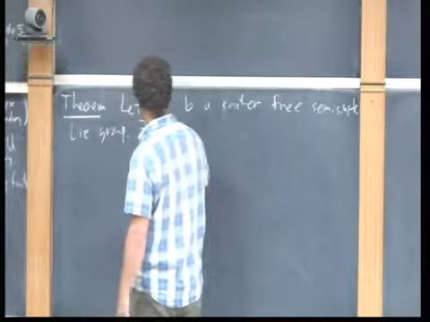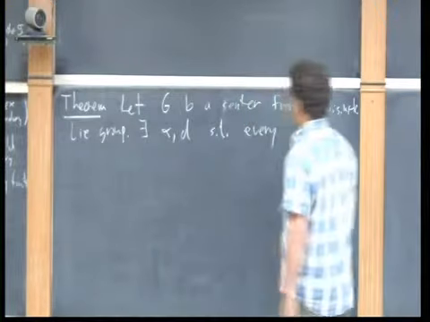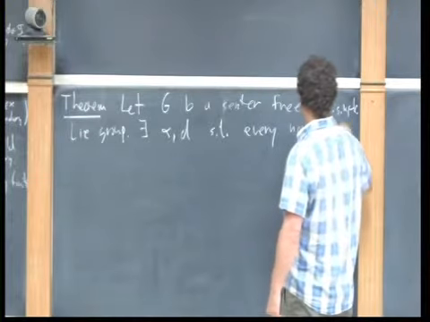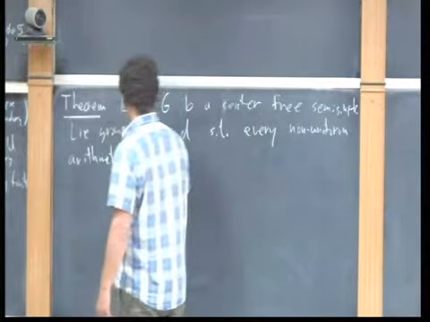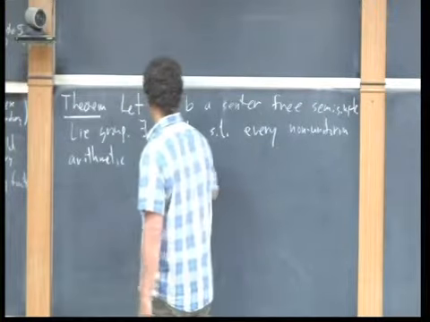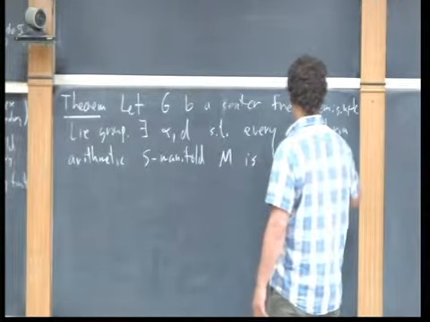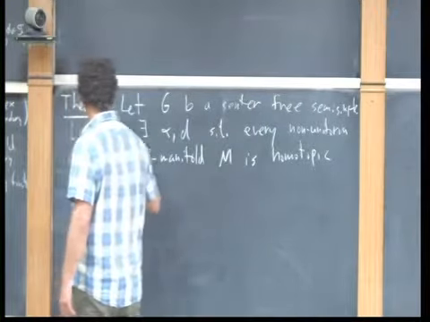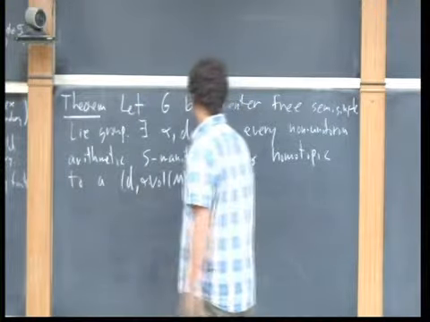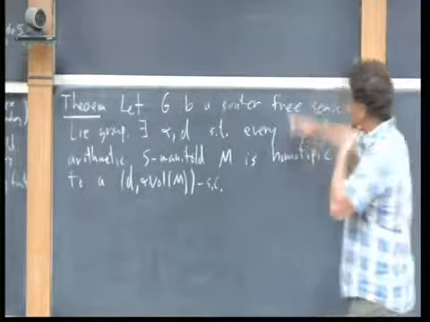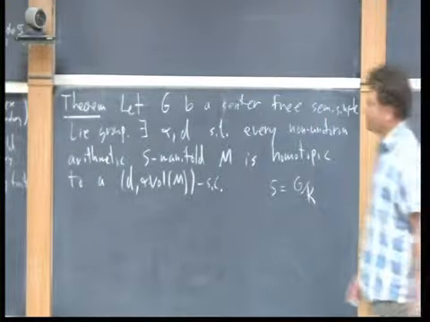Then there exist two constants alpha and b, such that every non-uniform arithmetic S manifold M is homotopic to a simplicial complex of size at most b to the power alpha times the volume of M, where S is of course the symmetric space in one case. So this is the theorem.